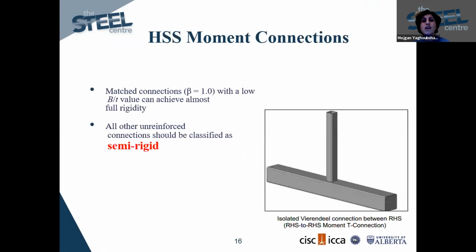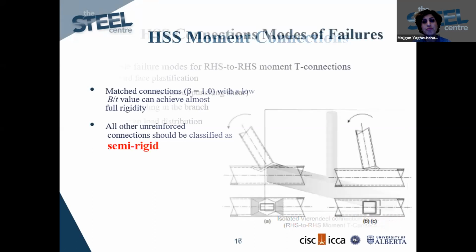So we will have a fully rigid connection if beta is equal to 1 and the B over T ratio is very low. In other cases, the connections are semi-rigid connections.